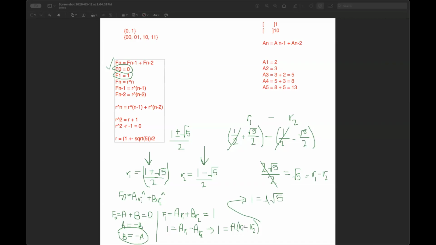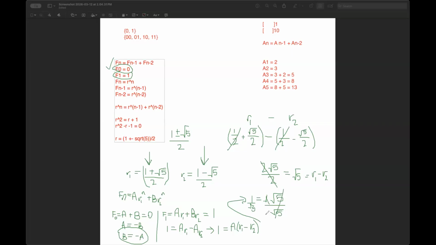You see how we did that? We said r1 minus r2 is equal to root 5. And we have 1 equals a times r1 minus r2. So 1 equals a times root 5. And that means that a, if we can just divide out this root 5, is equal to 1 over root 5, or the inverse of root 5. Right? So now we know what a equals.